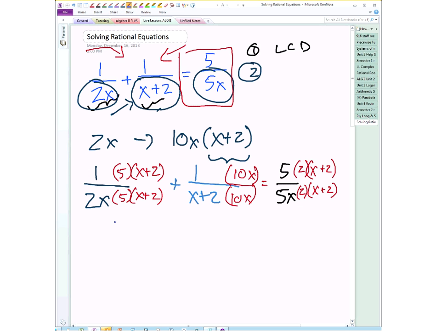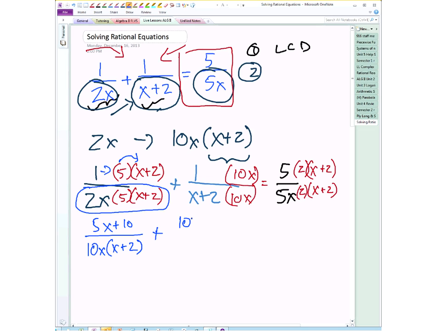Now we just have a lot of distribution. But 1 times anything, I don't really have to worry about the 1, so I'll just distribute my 5 to everything. That gives me 5x plus 10. On the bottom, we get 10x times x plus 2. I would still perform the calculations down here to make sure you are multiplying by the right value. If so, we end up with the common denominator, 10x times x plus 2.